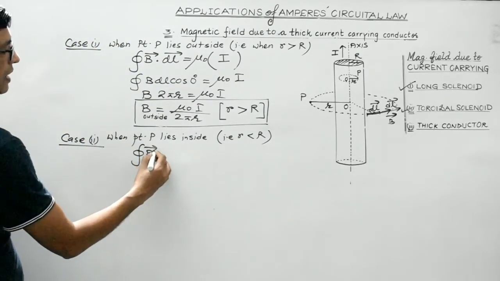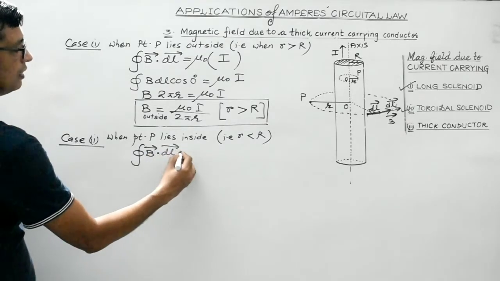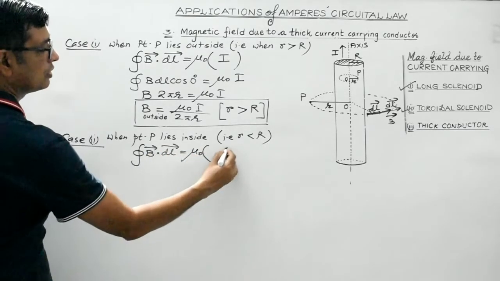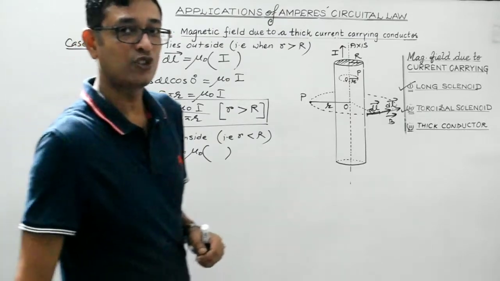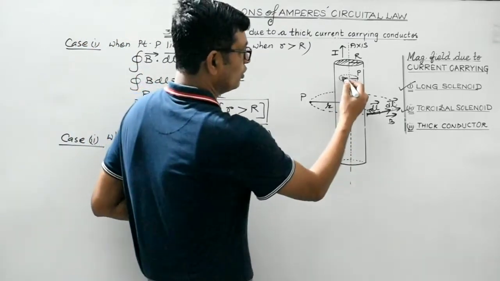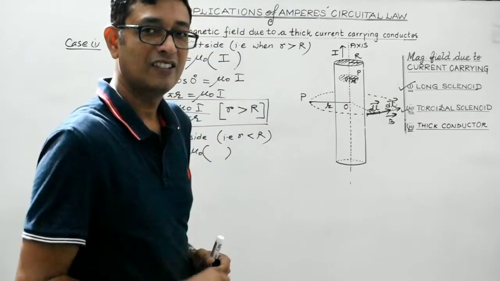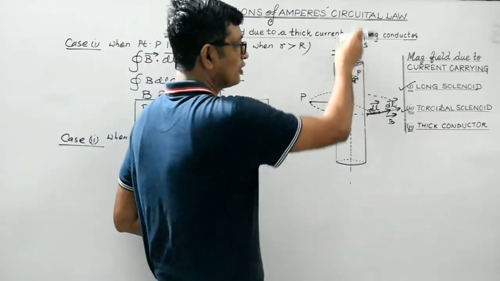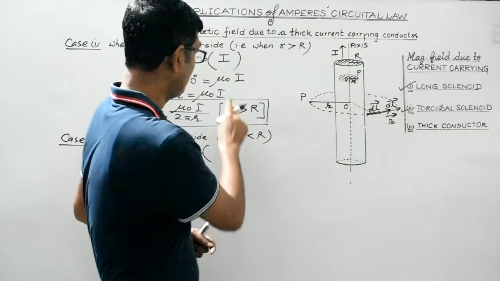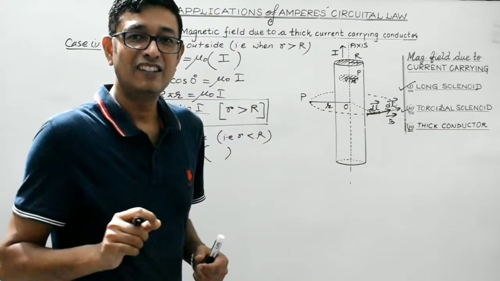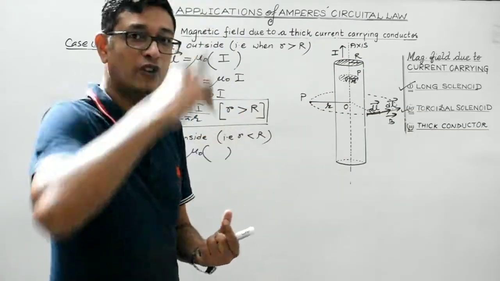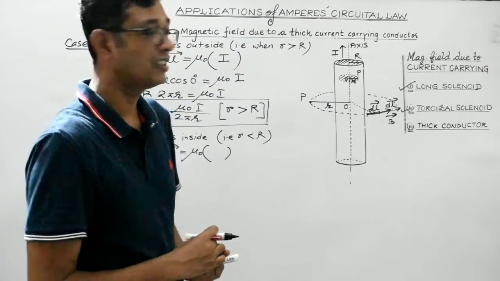Closed line integral of magnetic field is equal to mu naught times the net current threading through the loop. I am talking about this loop of radius small r. What is the current flowing through this loop? Remember students, we are dealing with DC current. DC current flows throughout the body of the material of the conductor, isn't it?